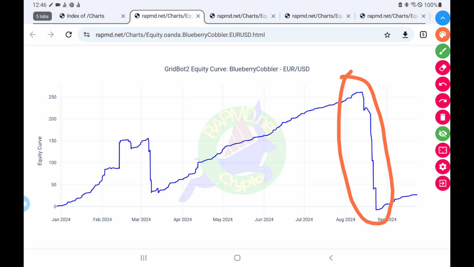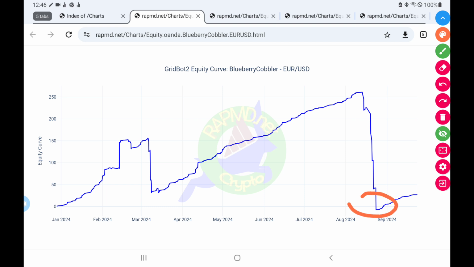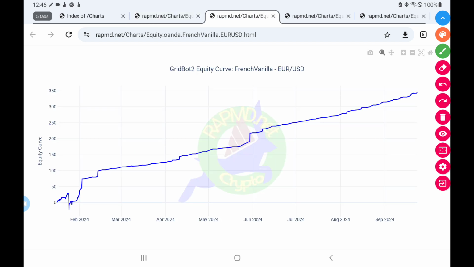This is a huge jump that wiped out $250 of profit. In fact, it actually cut down into my initial balance, as we can see at the very bottom. Down here, we see it goes below the zero line. So I actually lost some of my initial balance. That is painful. Now let's move to the next account and see what secrets it holds.